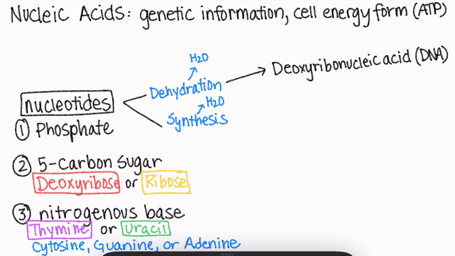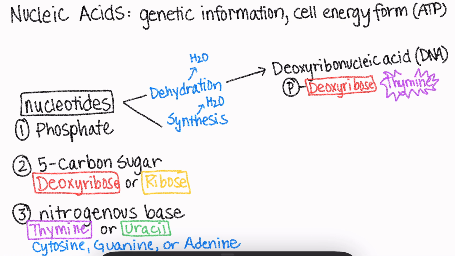And DNA will have a phosphate group, just like all of them in its nucleotides. And then all of its sugars will be the deoxyribose sugar. That's how it gets its name. And it contains thymine rather than uracil for its nitrogenous bases. And of course, it can have cytosine, guanine, or adenine as well. But that's one of the things that makes it different.